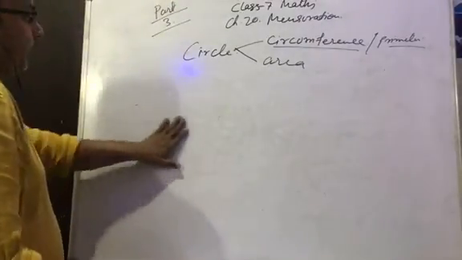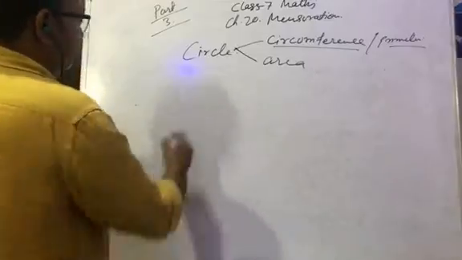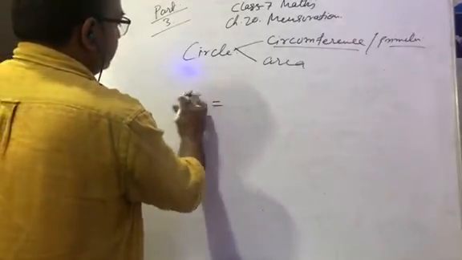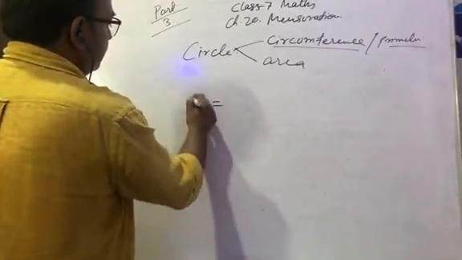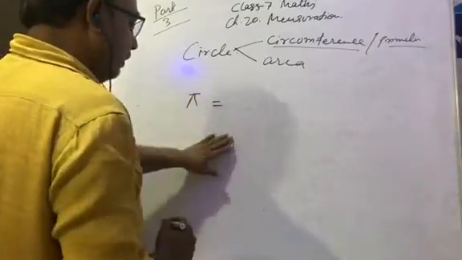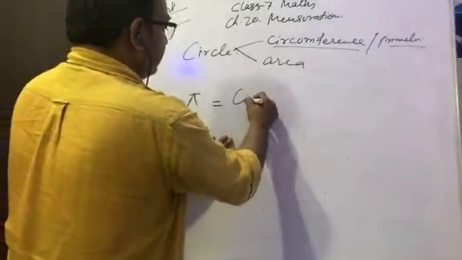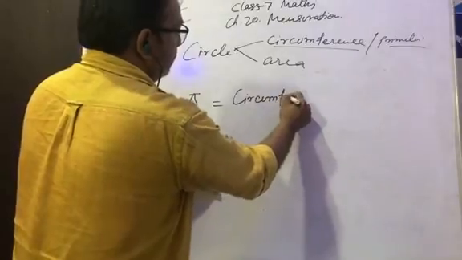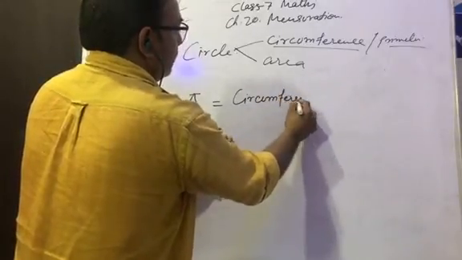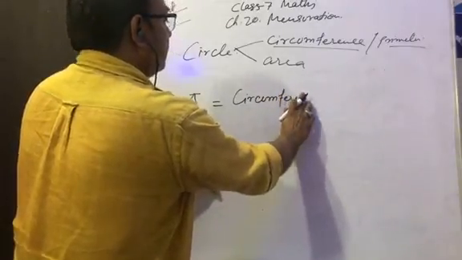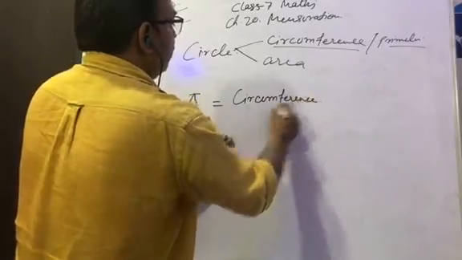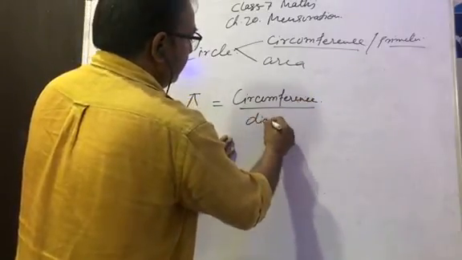And one more thing I want to tell you, this pi is equal to circumference upon diameter.